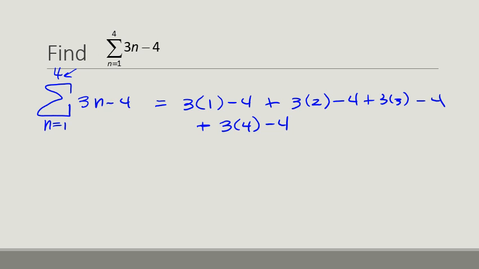So 3 times 1 minus 4 is negative 1. 3 times 2 minus 4 is 2. 3 times 3, 9 minus 4 is 5. 3 times 4 is 12 minus 4 is 8. And then I just add that together. So I get negative 1 plus 2 plus 5 plus 8, or 14. And that's my sum.